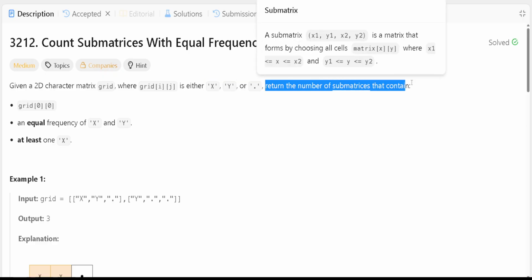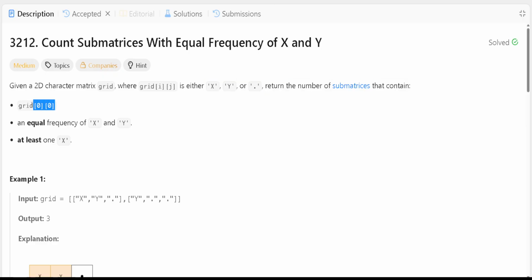Return the number of submatrices that contain grid at 0 0, have equal frequency of x and y, and contain at least one x. So three things are given: x, y, or dot.